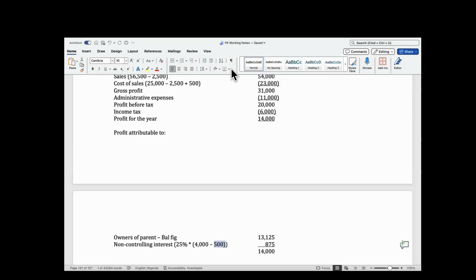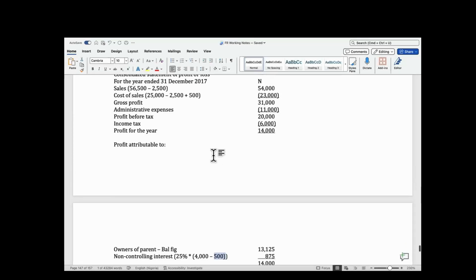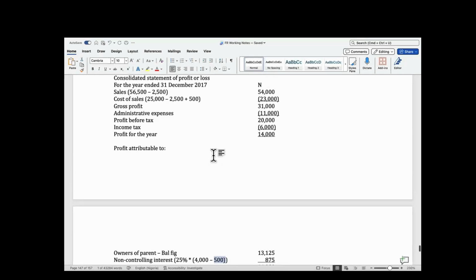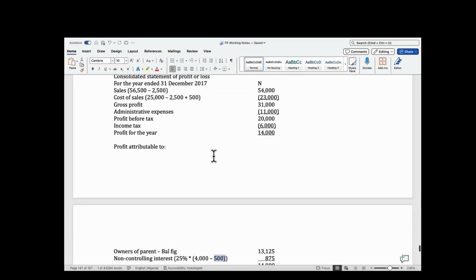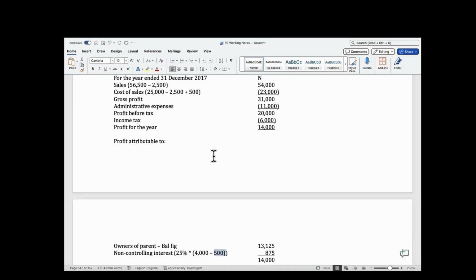Sir, I wanted to ask for clarification because I understand that the credit balance of the 500, as we've removed it from cost of sales, we've removed it from inventory. That's what I know, not the why. Can you repeat yourself?